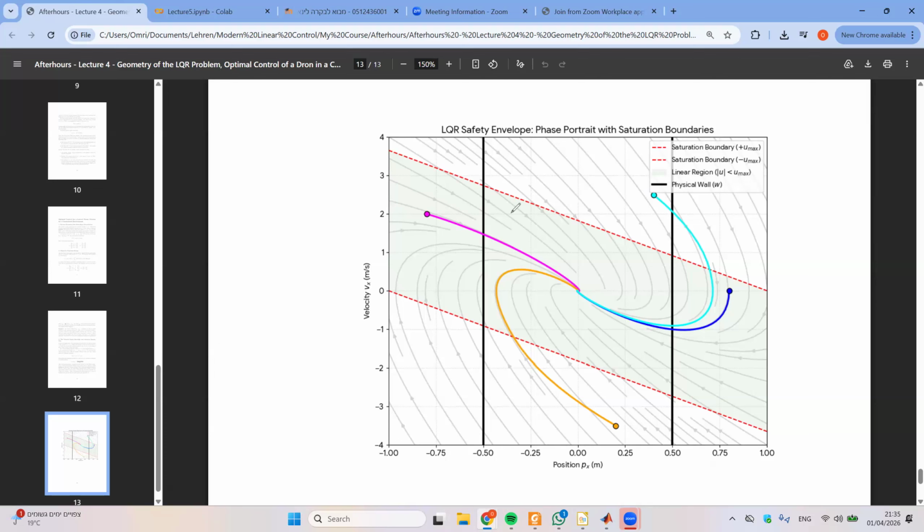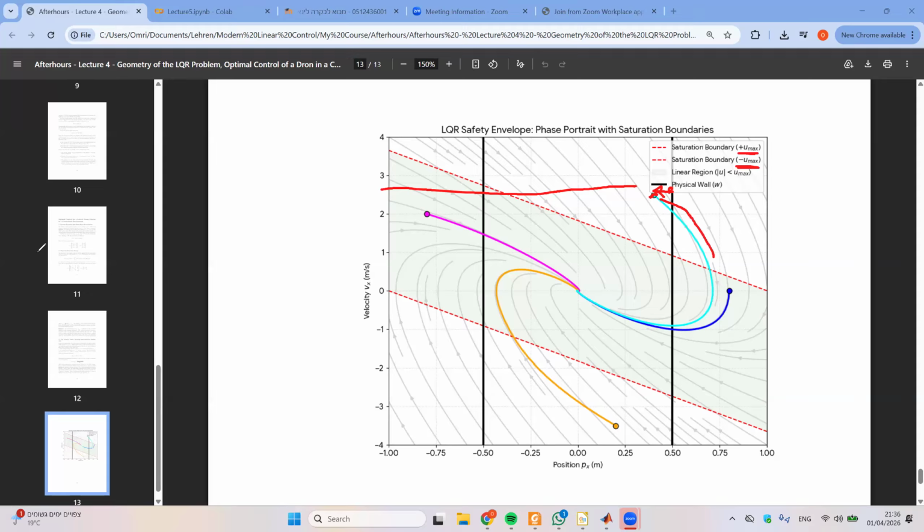So let's see, if we start here, then the velocity in the x direction is relatively high. We are clearly very close to the wall, and even if we use the maximum of our controller, so we use Umax and minus Umax, still we hit the wall.